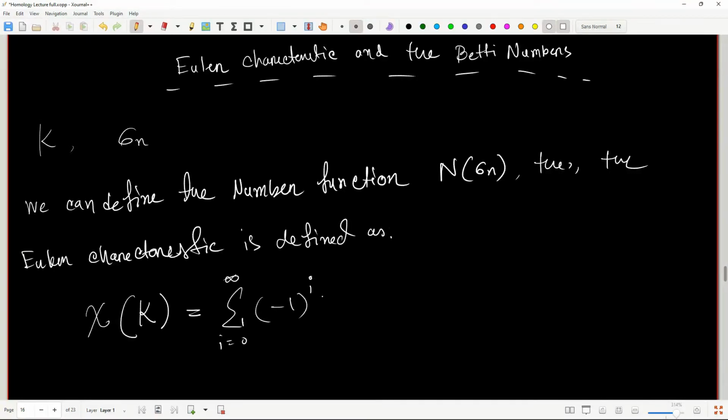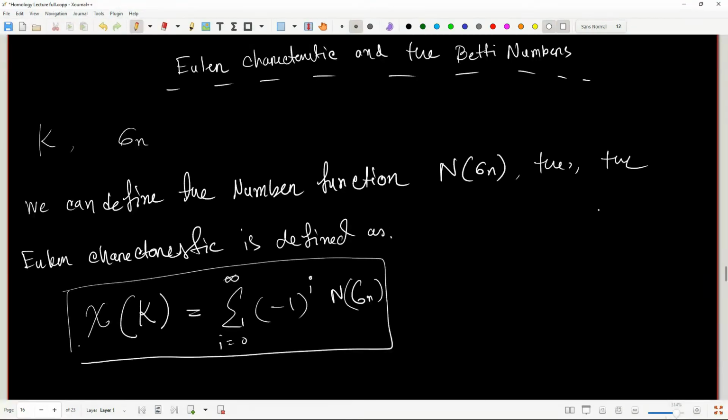Actually, this is how it is defined. Then I multiply this with the number operator on my simplices. That actually counts how many n-simplices there are. Now let's call this our definition and try to see it.